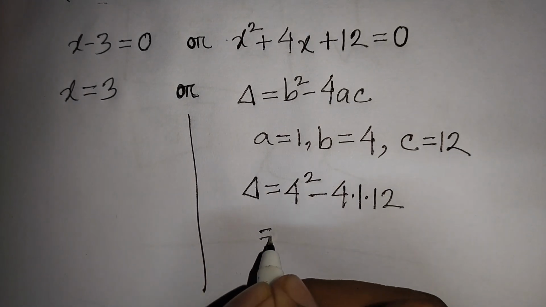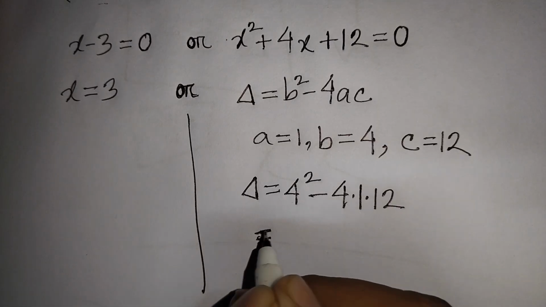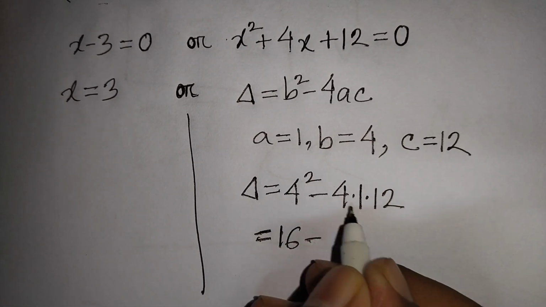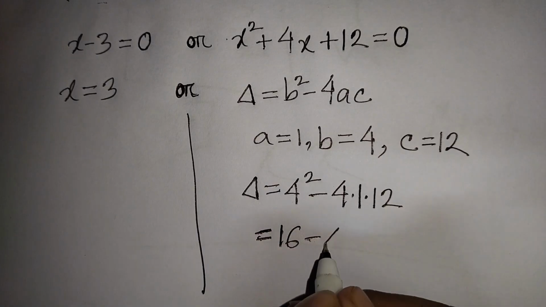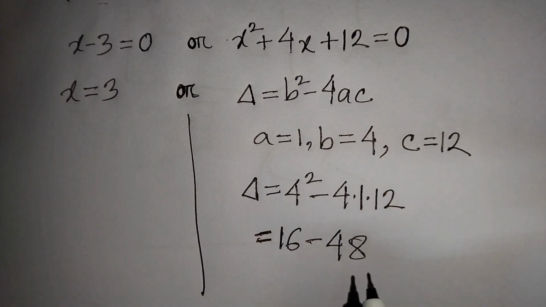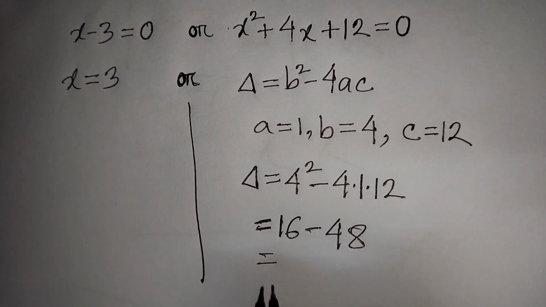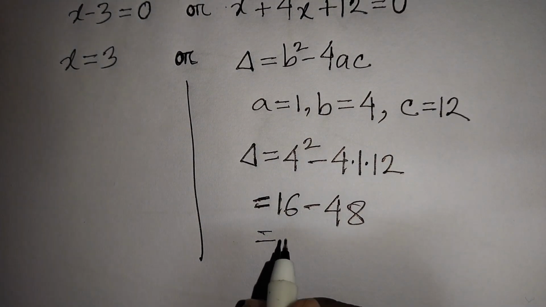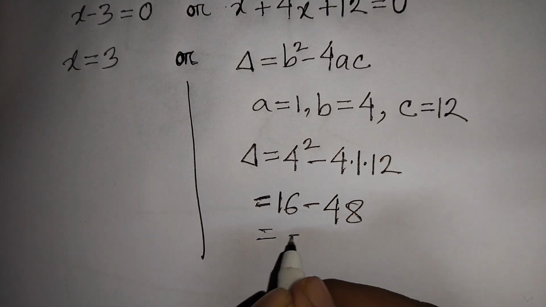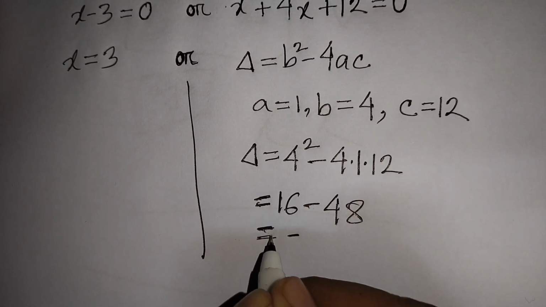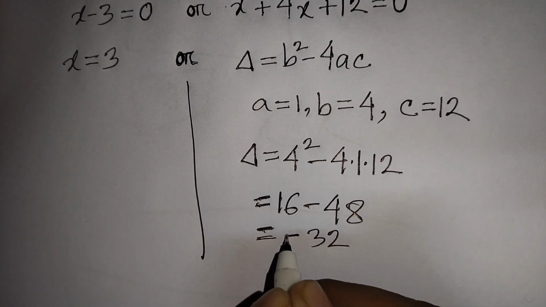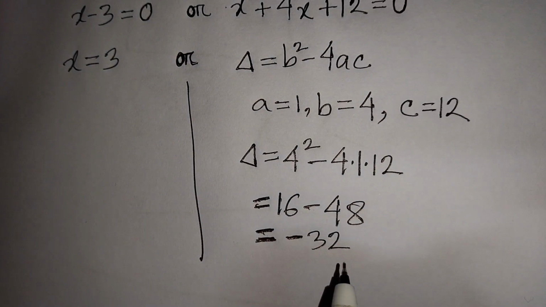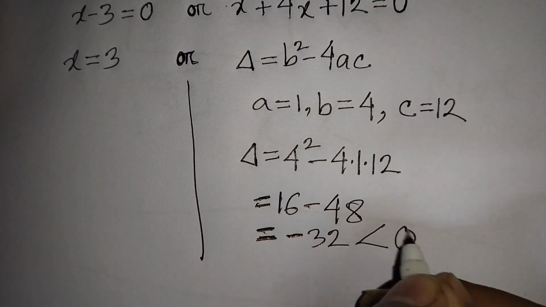Then is equal to 4 square is the same as 16 minus 4 times 1 times 12, that means it will be 48, then is equal to 16 minus 48, that means it will be minus 32. So minus 32 is less than 0.